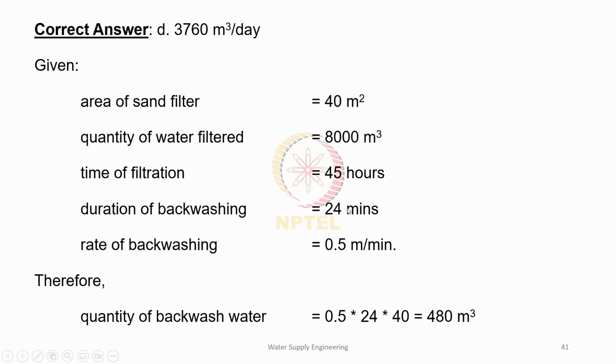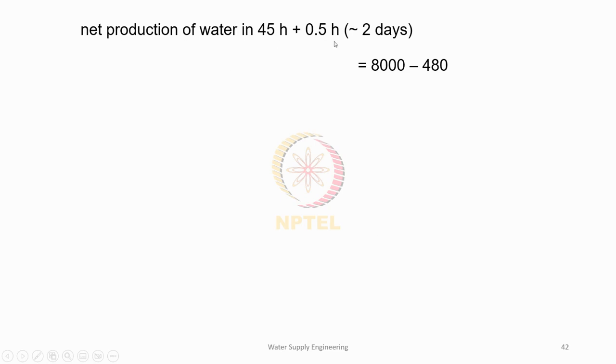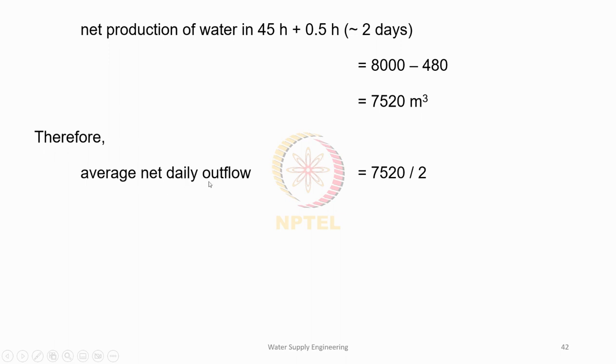So in that 45.5 hours, or approximately 2 days, the net production is 8,000 minus 480 meter cube. Is that clear? Yes, it is clear. So when it comes to daily outflow, we just have to divide it by the number of days.